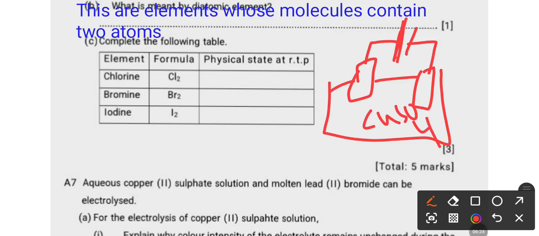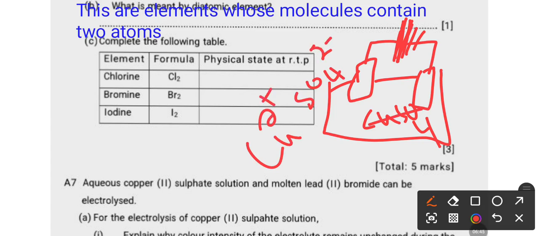So what will happen is that when there is a discharge of electricity from the power supply, our electrolyte, which is the copper sulfate, will decompose. So it will decompose to form Cu2+ ions as well as SO4 2- ions.